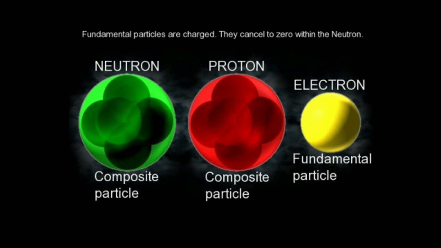Now remember, the universe is electromagnetic. So these have electric charges to them. The proton carries a positive electric charge. The electron carries a negative electric charge. What does the neutron carry? Neutral.